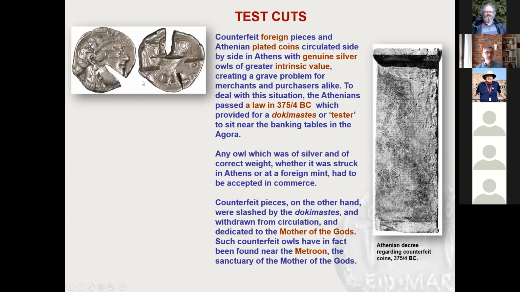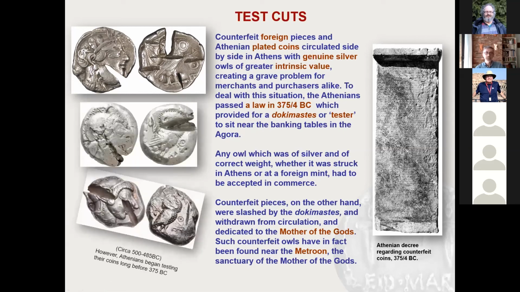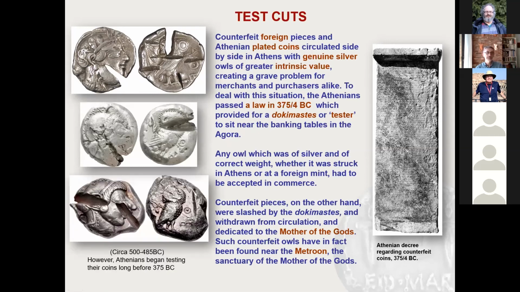And if they are good, pure metal coins, they let them circulate. As you see, this one has 1, 2, 3, 4, 5 chisel marks, and it continued to circulate. And if it is a bad coin, they would simply destroy it, and they would take it off from the market. And they say that the withdrawn coins were dedicated to the mother of the gods.